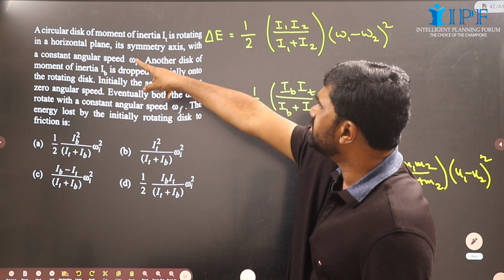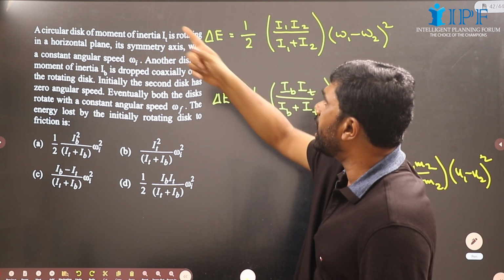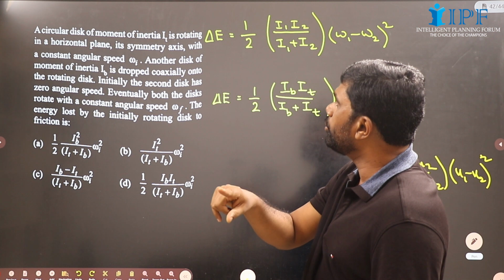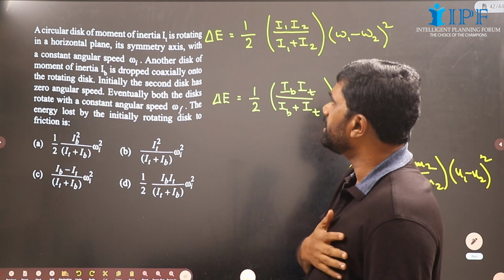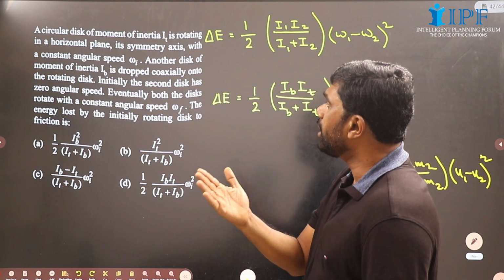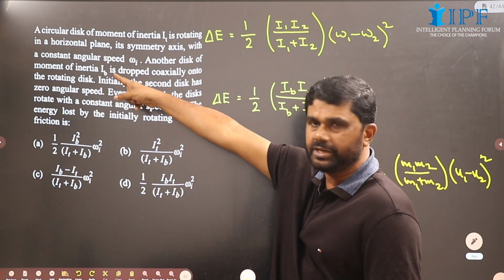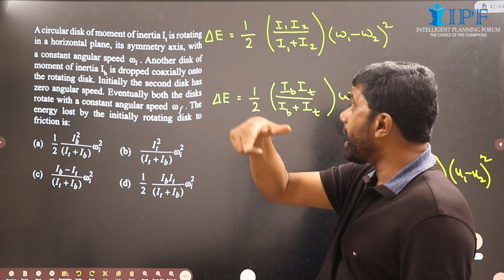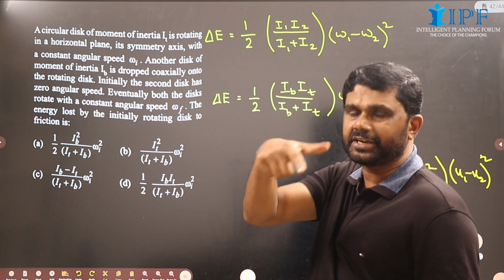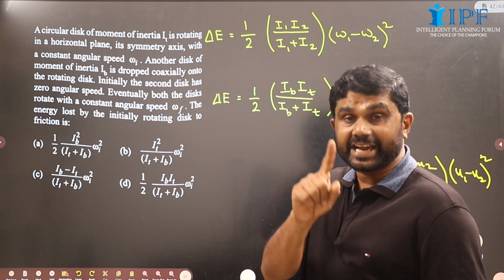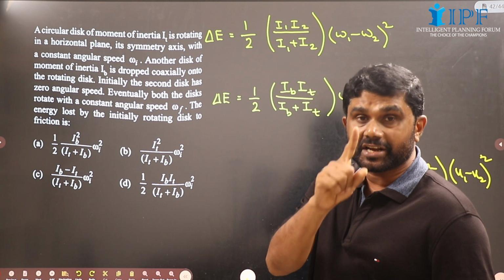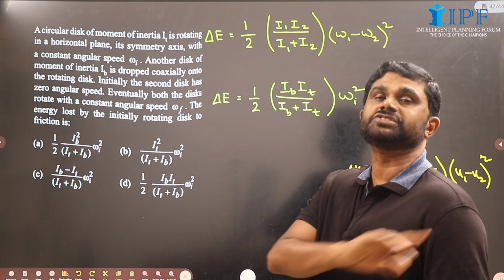Okay, a circular disc of moment of inertia I_T is rotating in a horizontal plane about its symmetry axis with a constant angular speed omega_i. Another disc of moment of inertia I_B is dropped coaxially onto the rotating disc, which means the second disc was initially at rest, so omega_2 is 0.